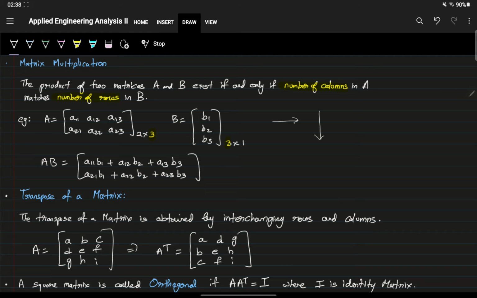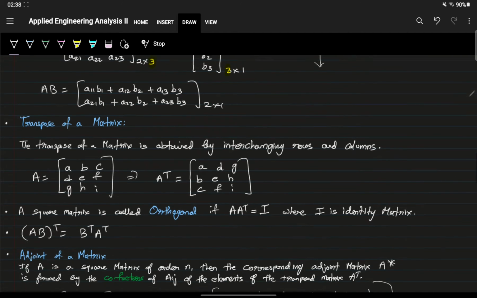Similarly, matrix B has 3 rows and 1 column. Carefully, if we observe, the number of columns in matrix A is equal to the number of rows in B. So this yields a 2 cross 1 matrix with 2 rows and 1 column.